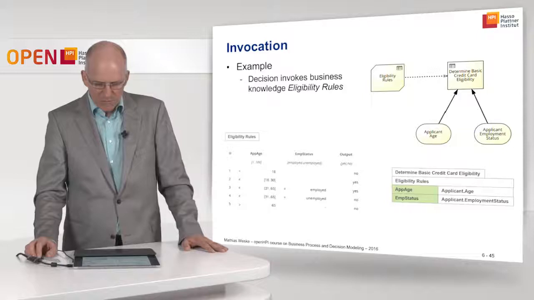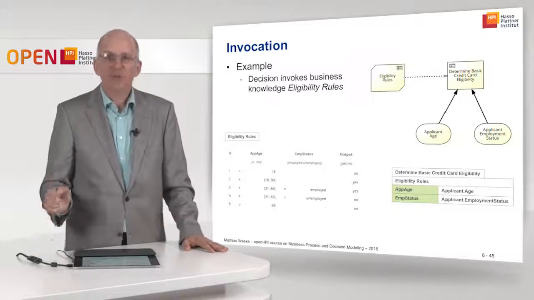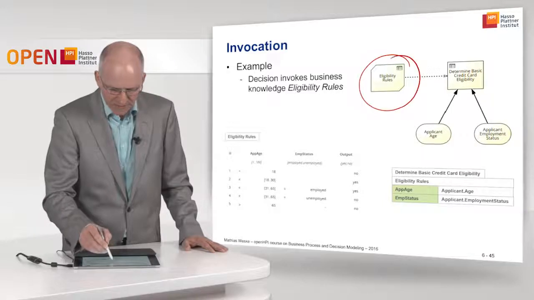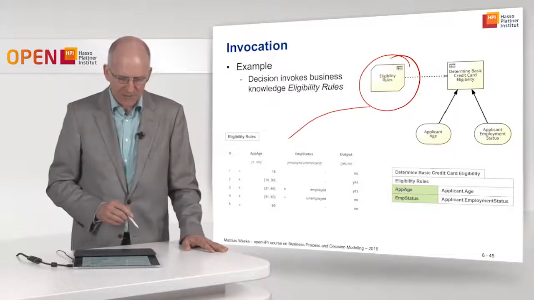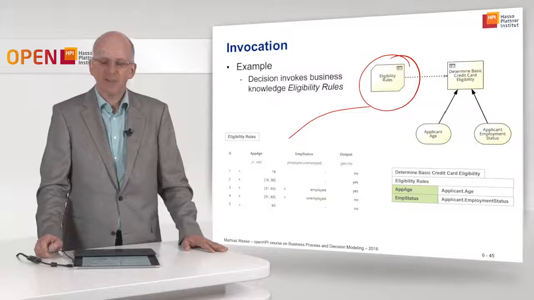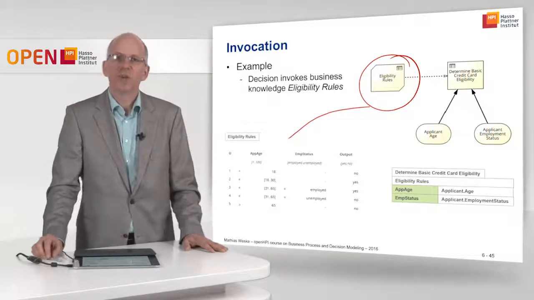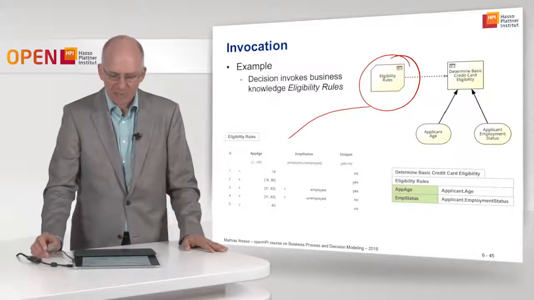Here we see it in a bit more detail. We have an example, which we also discussed a bit earlier, where we have the eligibility rules, and the eligibility rules are a business knowledge that is defined by a decision table. So decision logic is defined by a decision table.